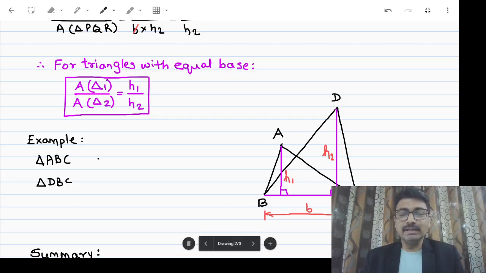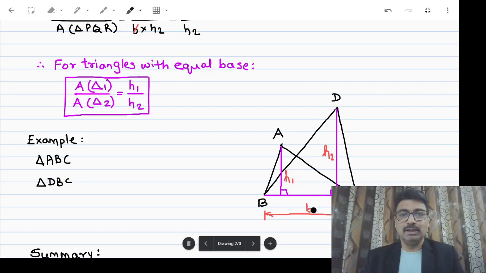Do you see what their bases are? For ABC the base is BC, which we have written as length small b. And for DBC also the base is BC, which we have written as length small b, which means their bases are equal.